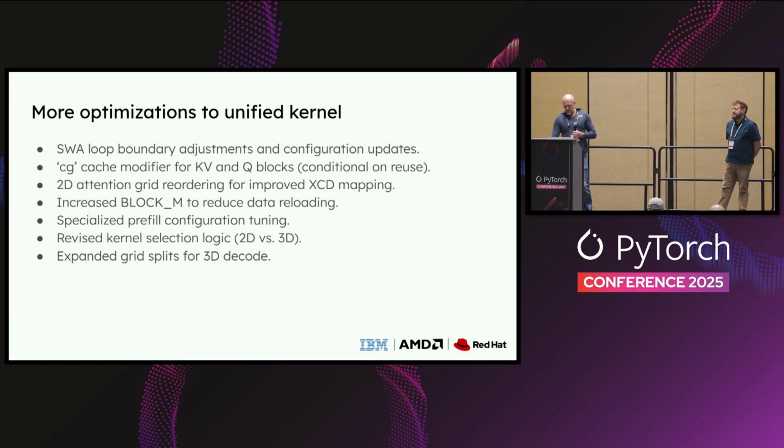They have different characteristics and different optimizations, depending on prefill or decode use. For instance, for decode we don't need to use cache, at least L1. SVA is applicable only for prefill, because for the 3D decode kernel there is not enough parallelization for it, and so on and so on.